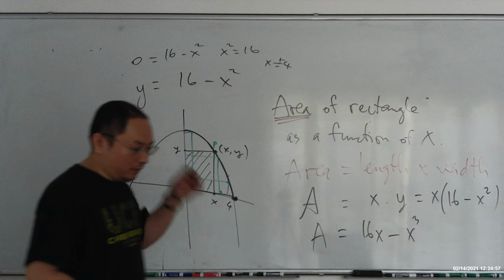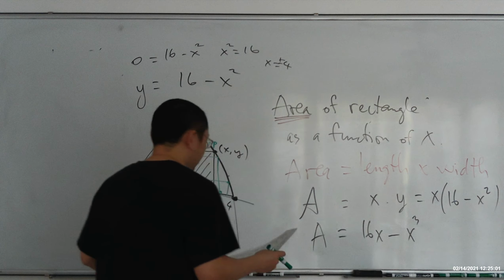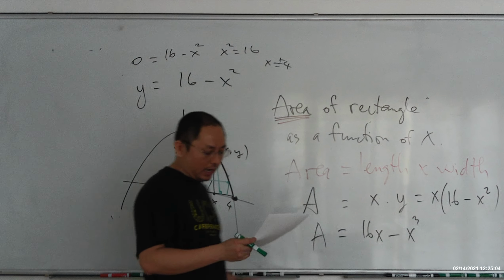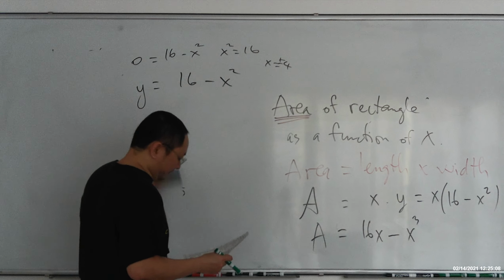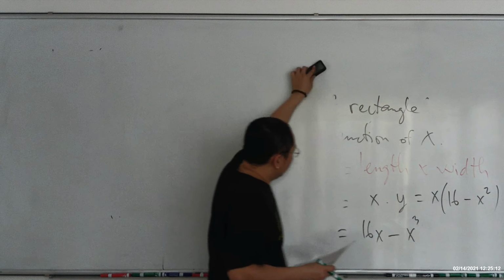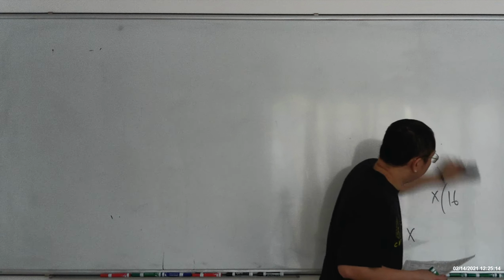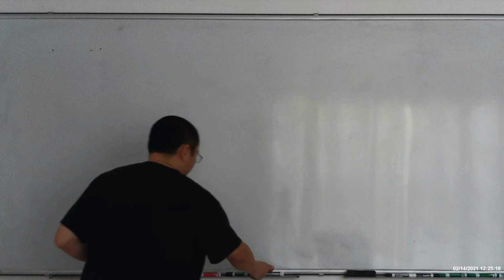All right, let's move on. Try another one. This time I see a square and a circle. This is number 10. I don't know what the problem is about, but at least I see the picture.